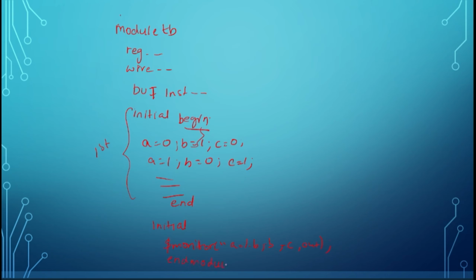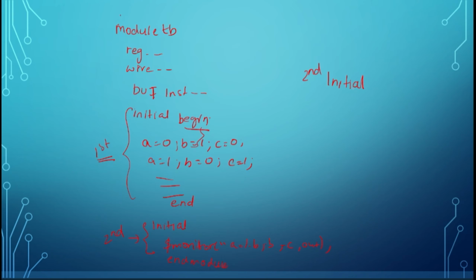If you see this particular program, this is my first initial block and this is my second initial block. So in this program I have two initial blocks. In this way, having more than one initial block in your test bench is not wrong. You can have multiple initial blocks in your test bench TB.